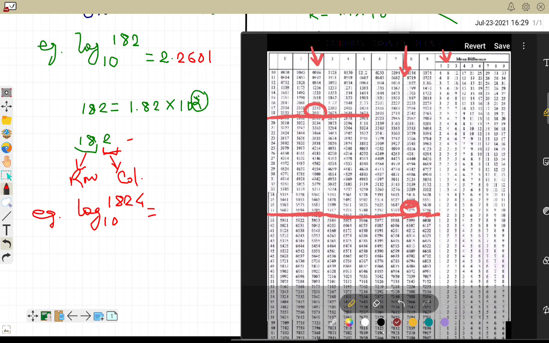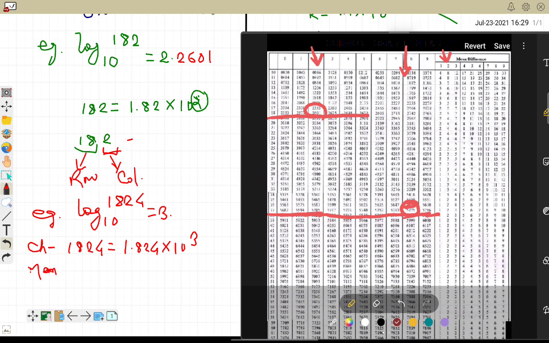So how can we find the characteristic? 1824 can be written as 1.824 into 10 raised to the power 3. So first write 3. So 3 is our characteristic. Next we try to find the Mantissa.